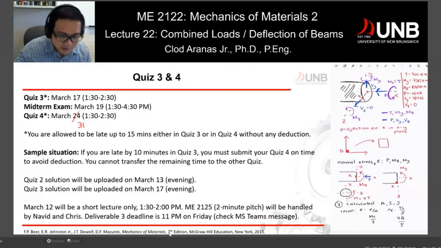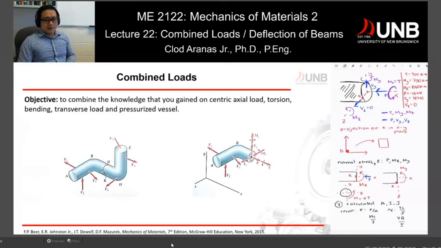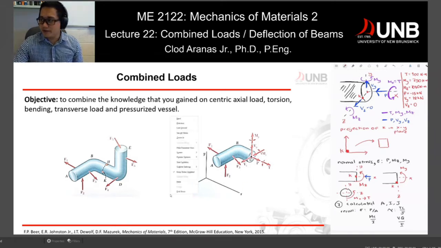Okay, so now let's continue our discussion on combined loads. So basically for combined loads, we have different moments, different forces aligned along X, Y, and Z. So we have different forces and then different moments. And our objective is to resolve those moments and forces at a certain point.